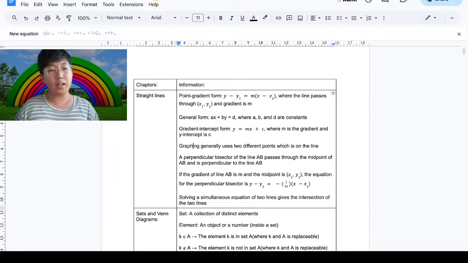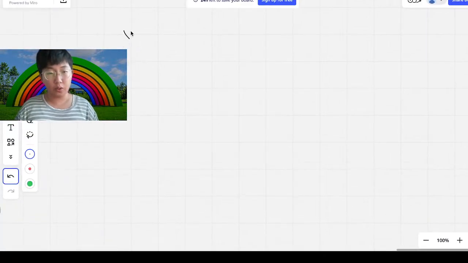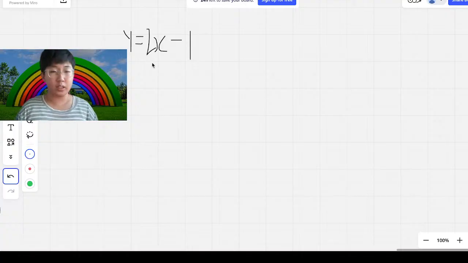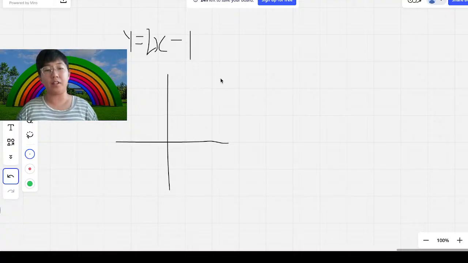So how about if we are actually given a line? For example, let's say y equals 2x minus 1. And let's say we actually want to plot this onto a graph instead of having a graph giving us the straight line. How would we draw this is the question.